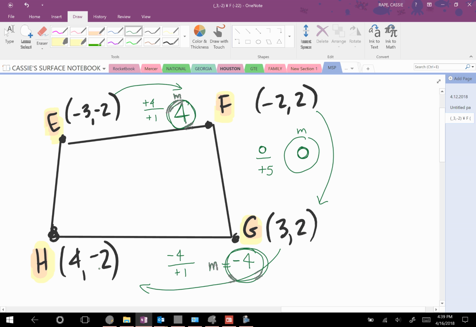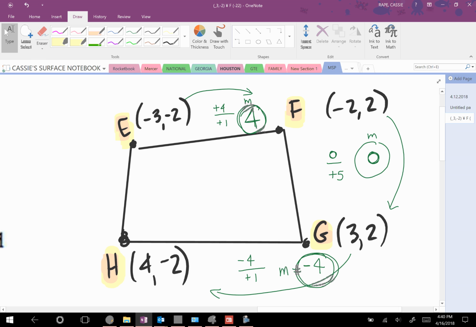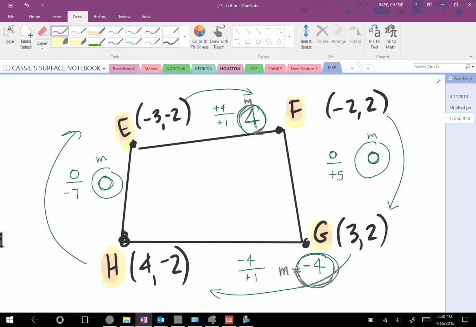Yeah, they're definitely just opposite. Opposite slopes are not the same. They just look similar. Lastly, from here to here, -2 to -2, I went up 0. And from 4 to -3, I went down 7. So the slope here is 0 also. What that means is that this side here and this side here, EF and GH, are parallel.